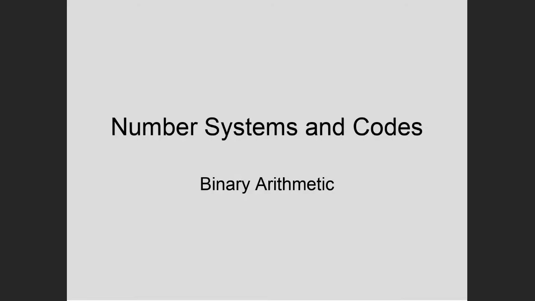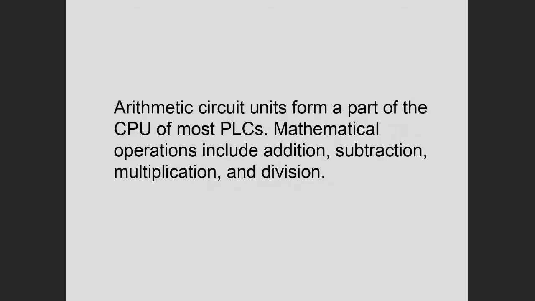All right, so number systems and code, binary arithmetic. We want to just kind of understand what's going on in a typical digital device. So there's a part of the CPU that does your multiplication. It's called an arithmetic logic unit, ALU.